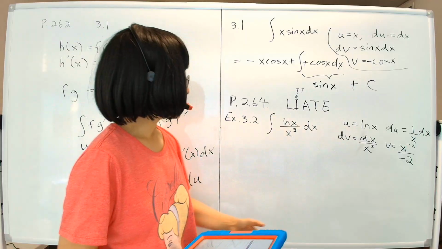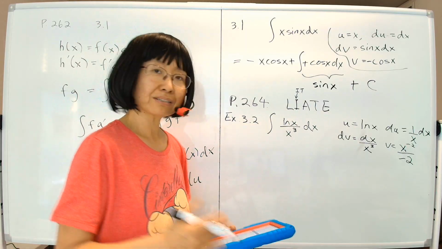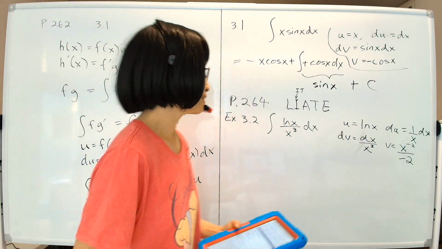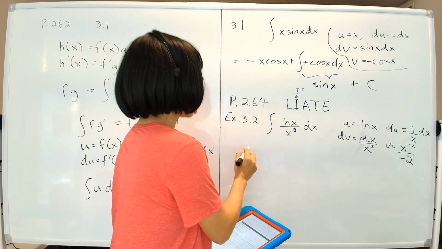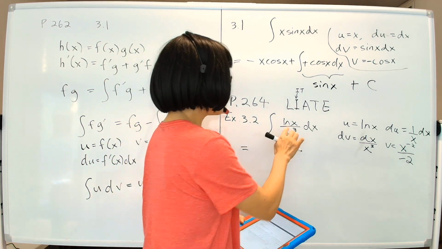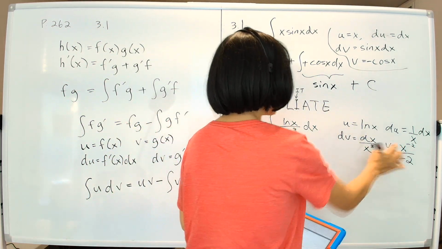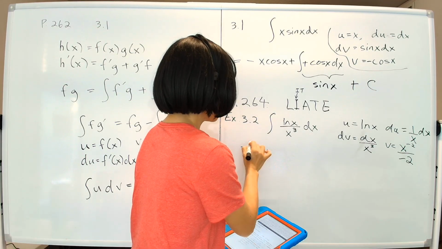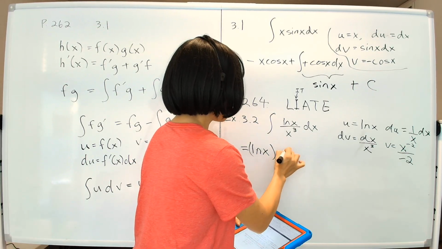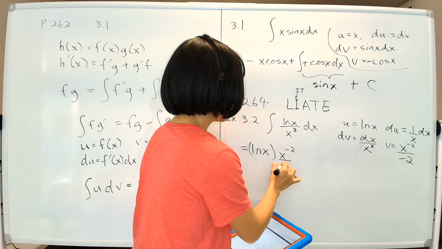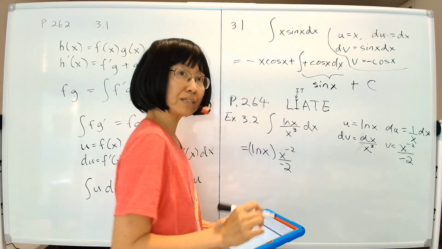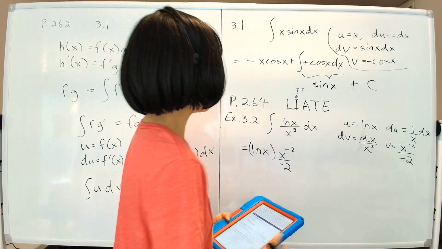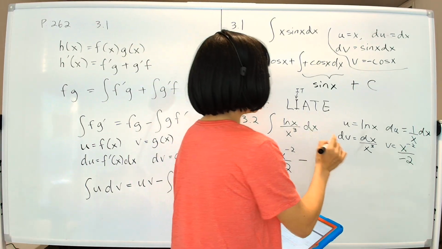So now that we did that, we're going to follow the formula and see if it leads us to some place good. That equals u times v, which is that times that. Let's write that down: natural log of x times x to the power minus 2 over minus 2. Yeah, don't forget the minuses. uv minus the integral of v du, right?